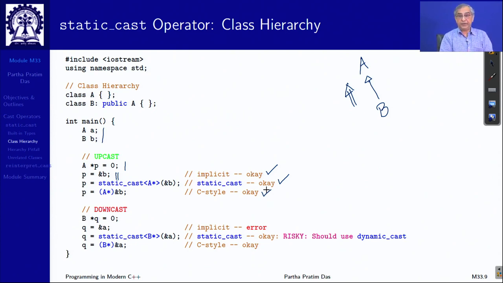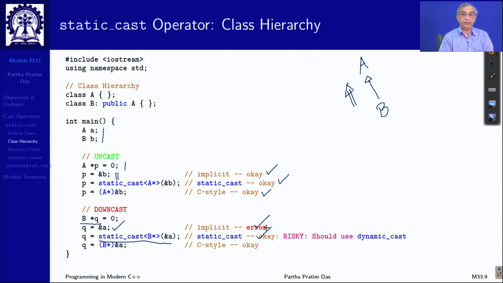If I try to do the reverse, if I try to do a downcast, that is take a pointer to the specialized derived class B and try to convert the generalized object to that, we have seen several reasons as to why this is not advisable, this is not possible in general. So, implicit cast has an error, which is the perfect way to go. But by doing a static cast as in here, you can force this downcast.